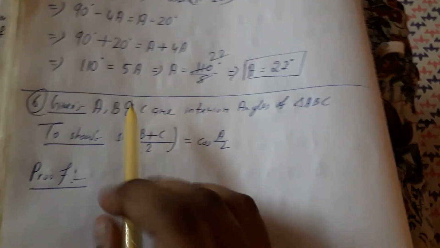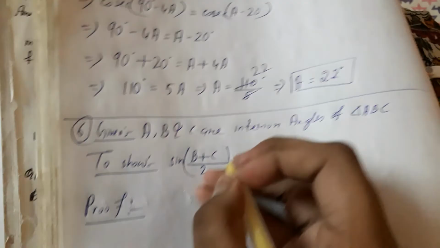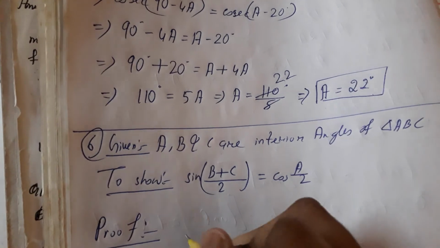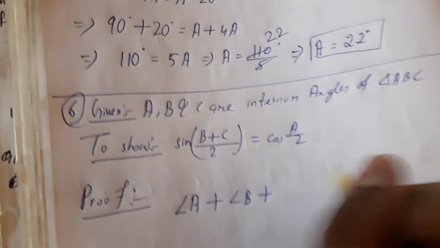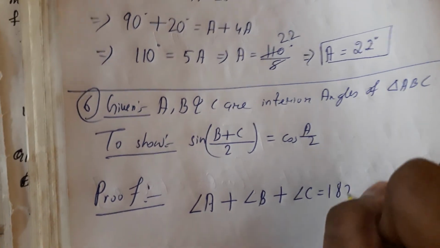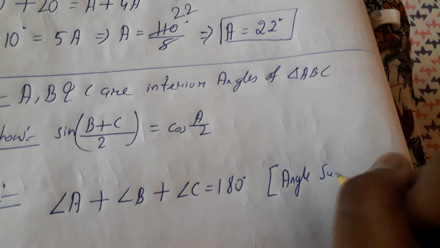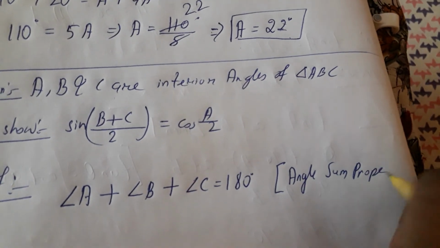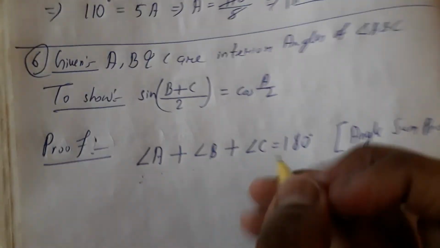Now see, if A, B and C are interior angles of triangle ABC, then by the angle sum property, angle A plus angle B plus angle C is equal to 180 degrees.